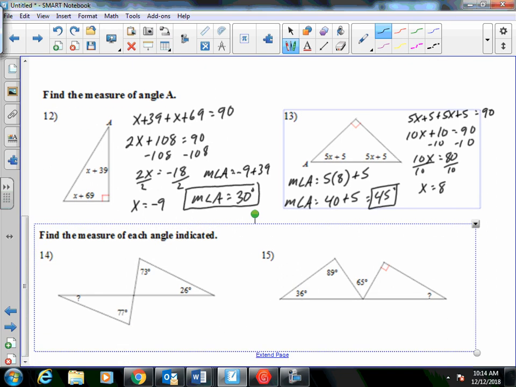Okay, 14 and 15, we're finding the measure of each angle indicated. So we're still basing things off of 180 degrees in a triangle. We have 2 triangles attached, so a little more complicated. Number 14, we're trying to find this angle where the question mark is. We only have one other angle in this triangle, so we can't just solve for it by subtracting 2 angles from 180.